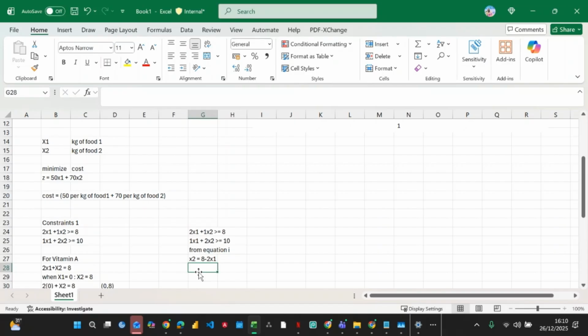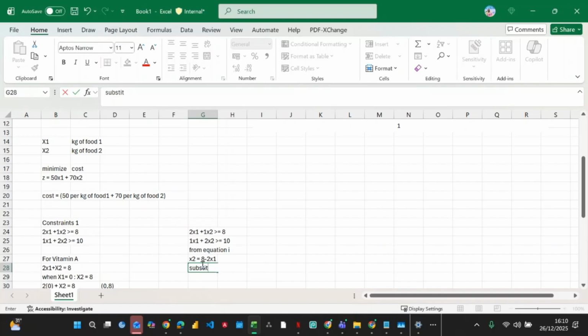So we are going to substitute what we have now into our equation two. Our equation two is this one, right?